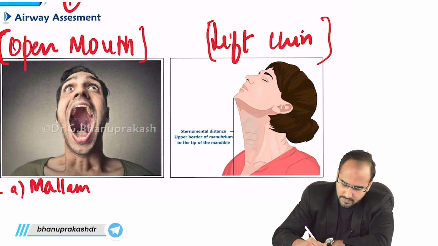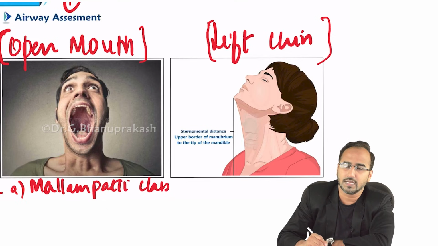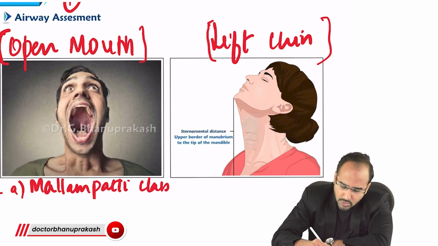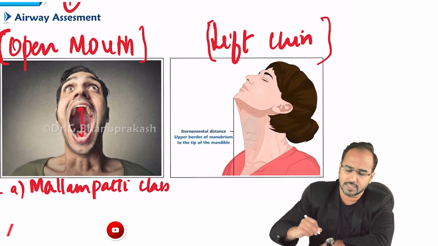And second thing, as you tell the patient to open his mouth, you look for the distance between the upper and the lower incisor, which is called inter-incisor distance.